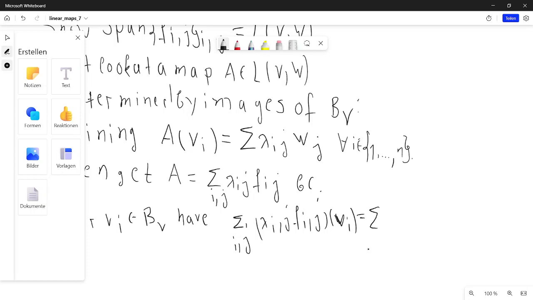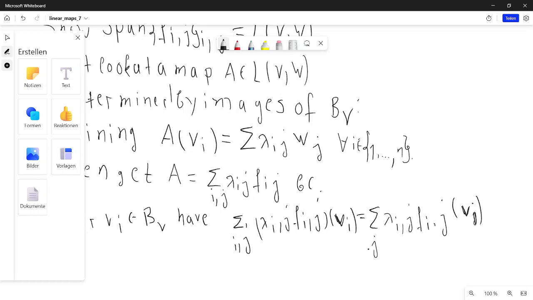Well, everything but the vi's disappear and the vi's stay, and with what do we stay? Of course with that. Sorry, I'm too fast.